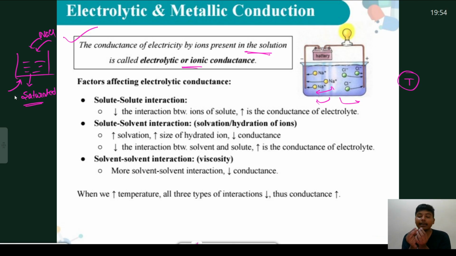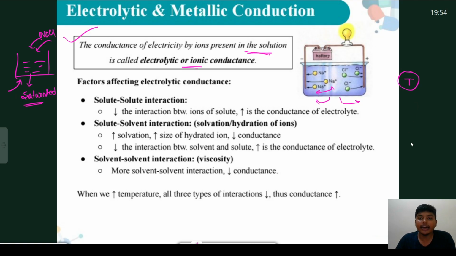The wire gets more expanded, so conductance becomes low. But in this case, if you increase temperature, there is more and more conductance. So we can use this for electricity, but not on a large scale. For large batteries we can use this, and we will see about batteries.